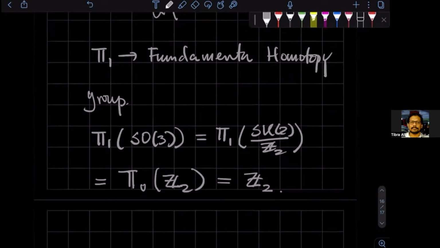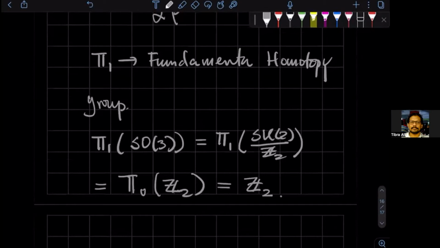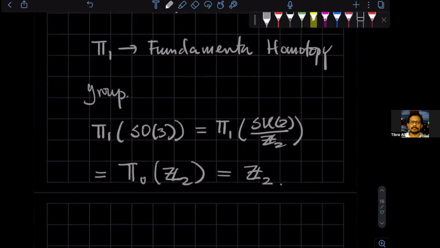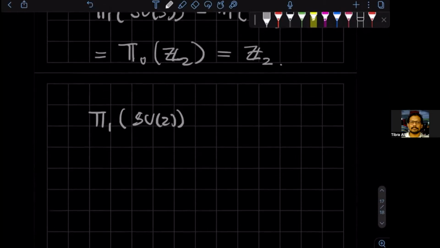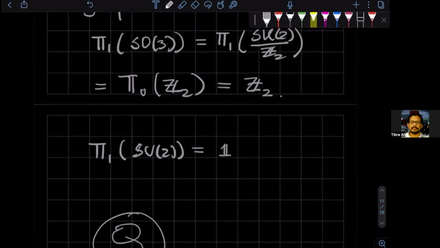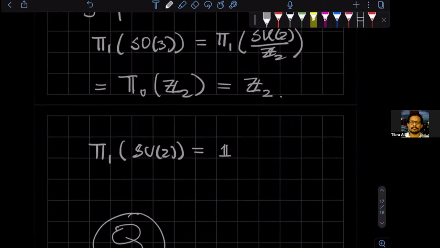Okay. So the fundamental homotopy group of SO3 is Z2, whereas on the other hand, pi1 of SU2 is just a sphere. Any loop on the sphere can be continuously deformed to a point. So the fundamental group of SU2 is just the identity, right? So that means that topologically these 2 spaces are different.